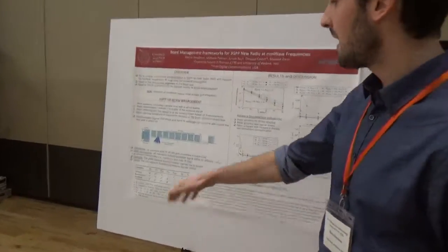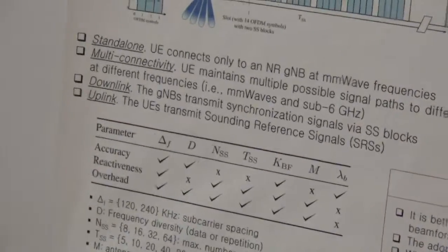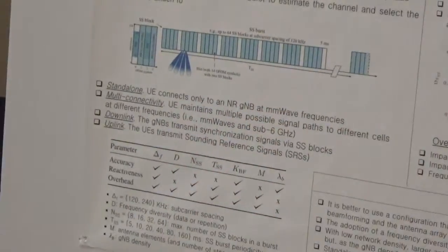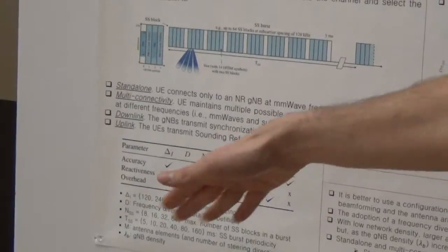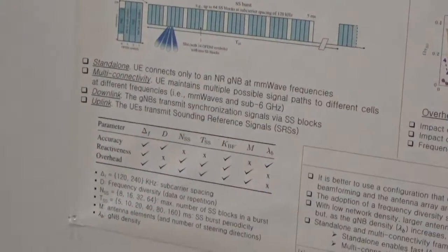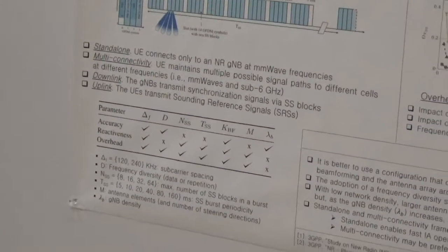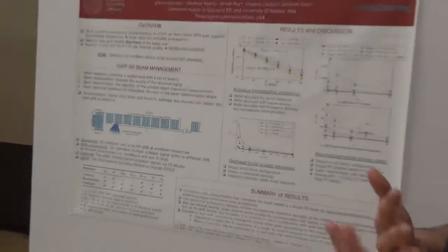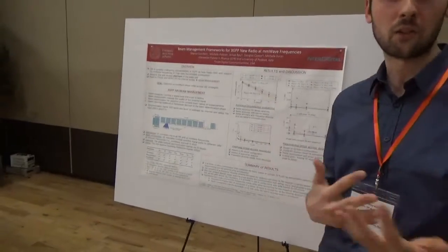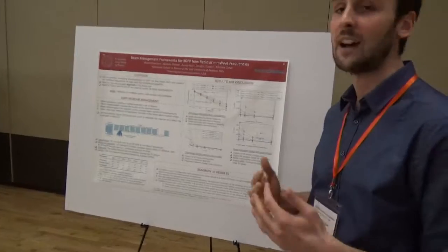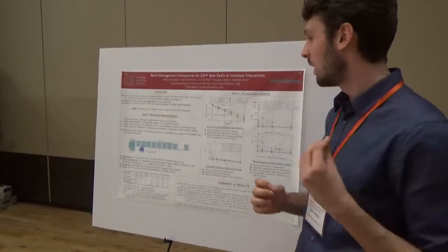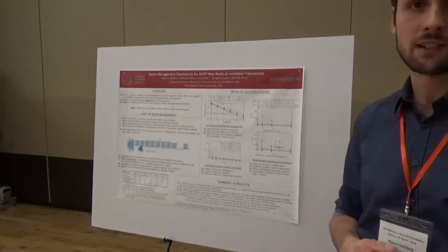As I was mentioning, there are plenty of parameters to be configured and tuned, such as the beamforming architecture or the number of blocks in a burst. Our goal here is to perform an exhaustive comparison among all possible combinations of parameters and provide guidelines on how to best configure the initial access strategy.